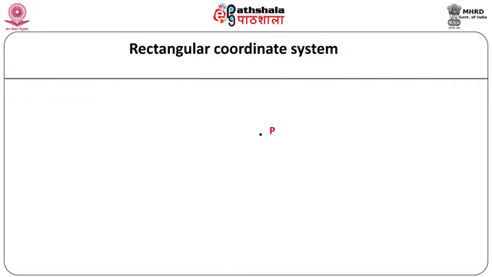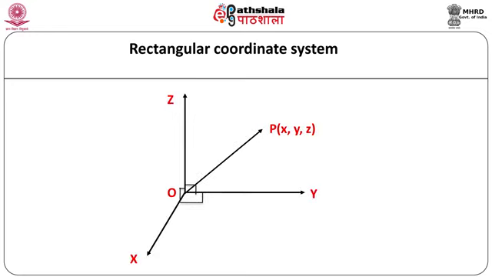Now, let us discuss about the other system, namely rectangular coordinate system. As before, let P be the point to be observed by an observer O. A set of three mutually perpendicular straight lines passing through O represents the coordinate axes. It may be noted that this system is also referred to as Cartesian coordinate system in the name of great mathematician René Descartes.